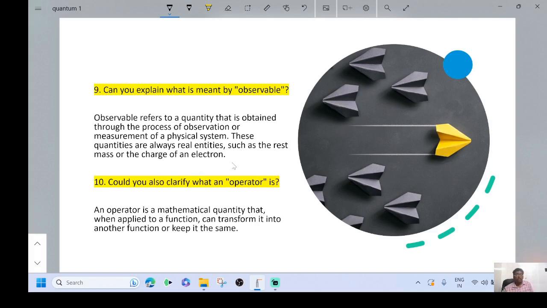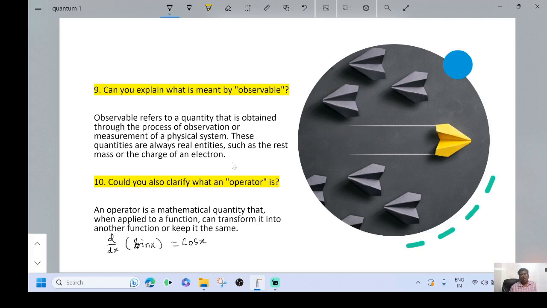Could you also clarify what an operator is? An operator is a mathematical quantity that, when applied to a function, can transform it into another function or keep it the same. Here, d by dx is a differential operator. If it is operating on sin x, we get cos x.